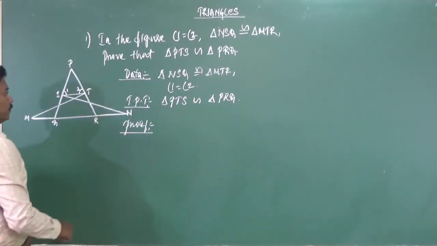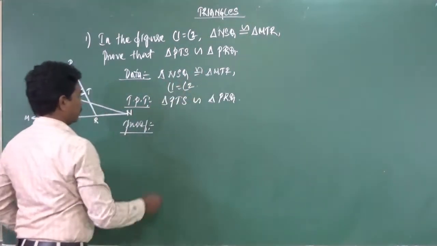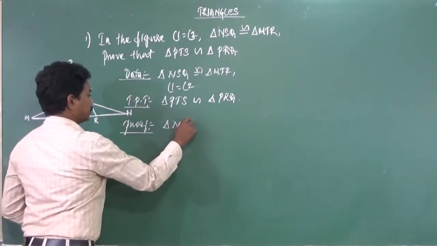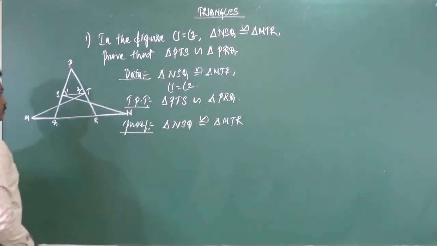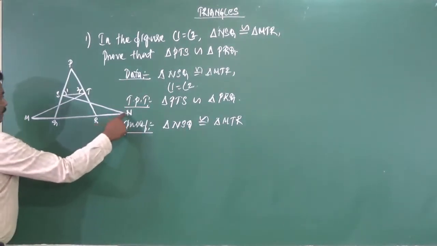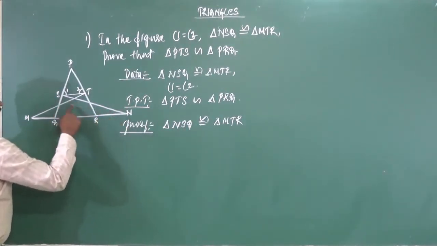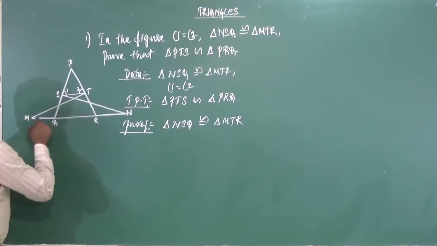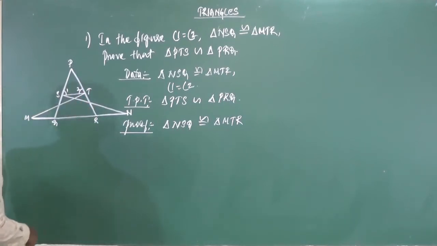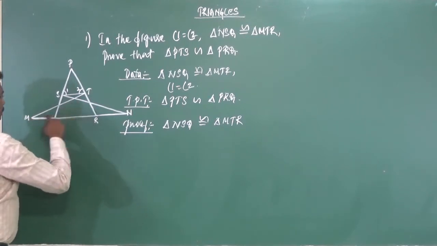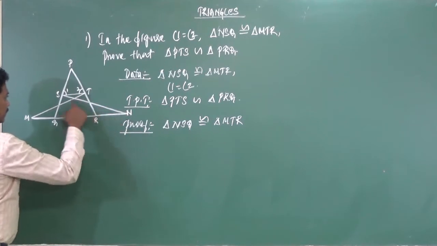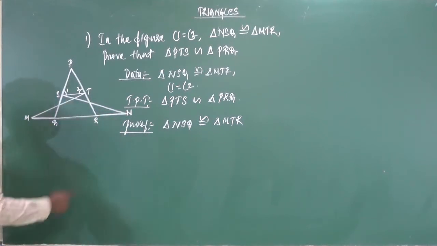Now we'll take up this congruency and continue with the problem. Triangle NSQ is congruent to triangle MTR. If these two triangles are congruent, then their corresponding sides will be in the ratio 1:1, in the sense their corresponding sides will be equal.